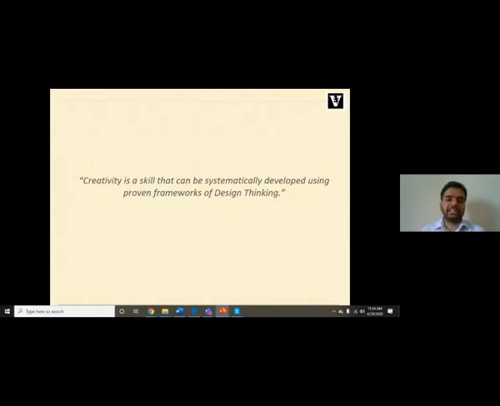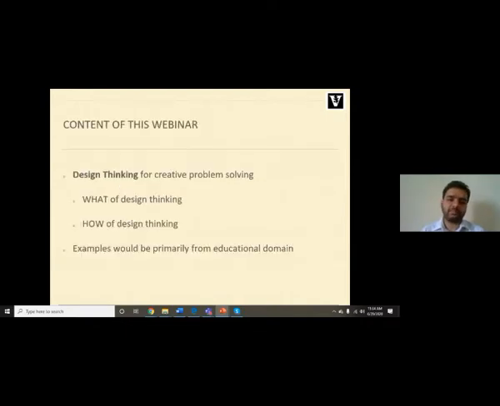So it's not just that a person is born creative, or that those who have not demonstrated creativity in their childhood cannot be creative in their adulthood. Creativity can be learned. And in today's talk, we'll see how creativity can be learned and acquired using the design thinking framework. So let's talk about the design thinking framework.